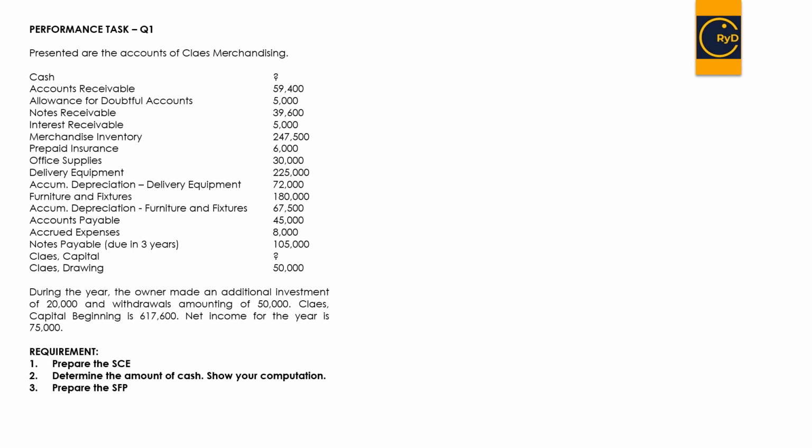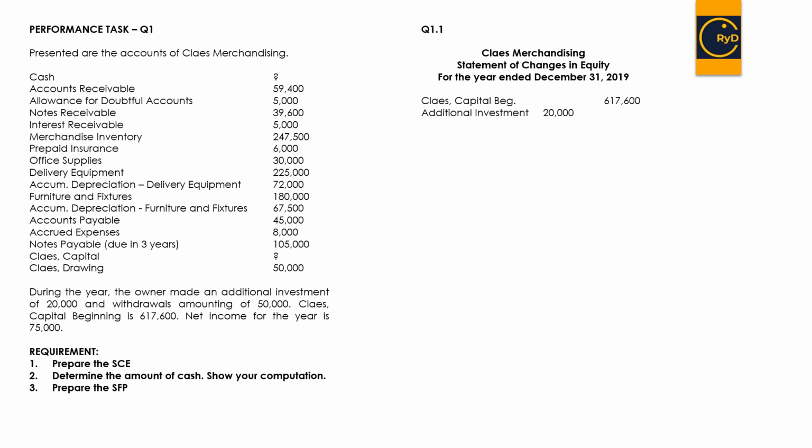Since we are tasked to prepare a financial statement, we always start with our heading. So here, it's Klaus Merchandising, Statement of Changes in Equity for the year ended December 31, 2019. And then we start with our capital beginning at 617,600.